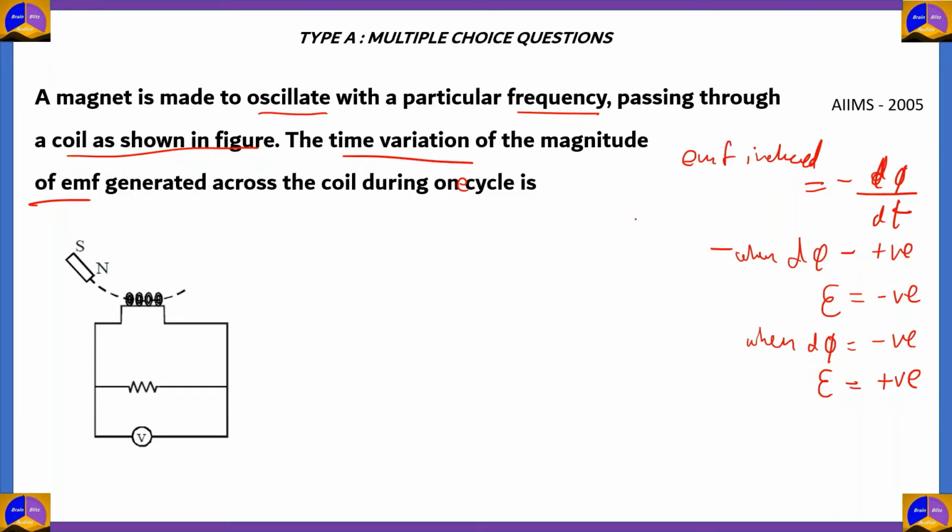So which are the conditions when d phi gets positive and d phi gets negative? D phi becomes positive when the field lines come into the coil, and when d phi is negative, field lines come out of the coil.